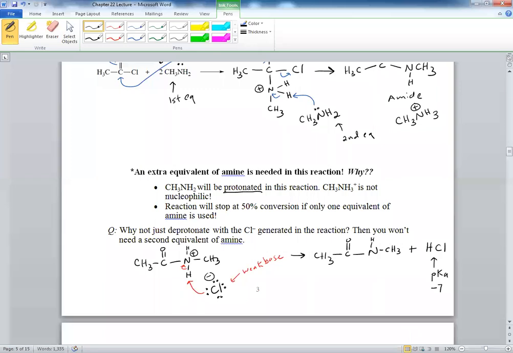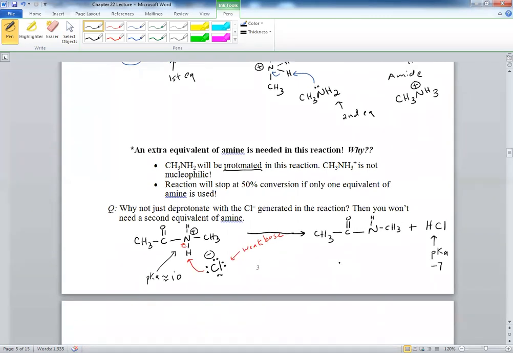Now the problem is that this has a pKa of -7. We talked about that. And this has a pKa of around 10. So what happens here, the problem is that if you recall, you always shift toward the weaker side. And this is now a weaker acid than this.